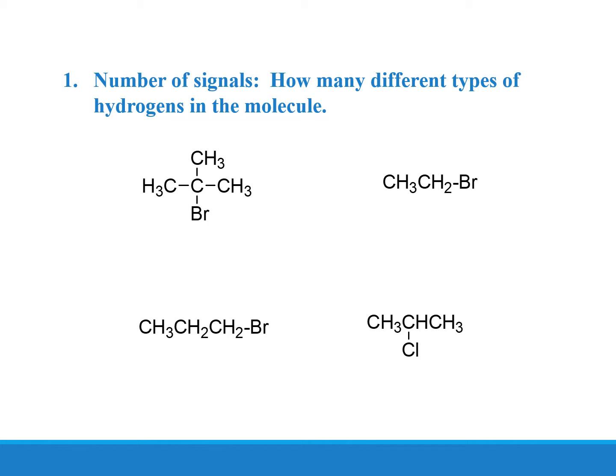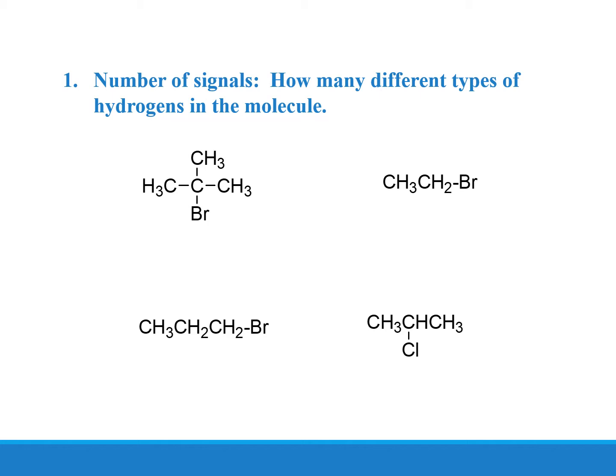Whereas the 3 methyl groups are equidistant with respect to this carbon and with respect to the bromine itself, which means they are chemically equivalent and they will have a single peak in the NMR spectrum.